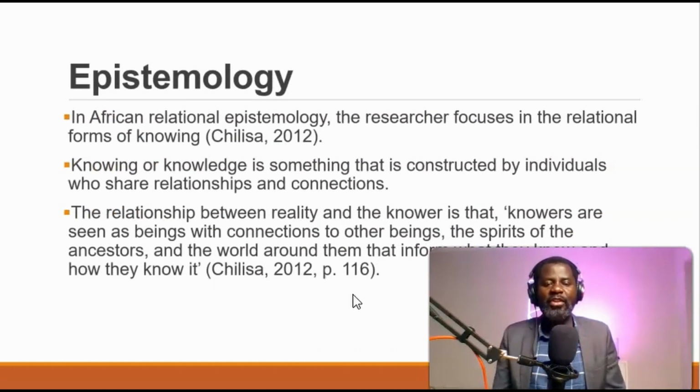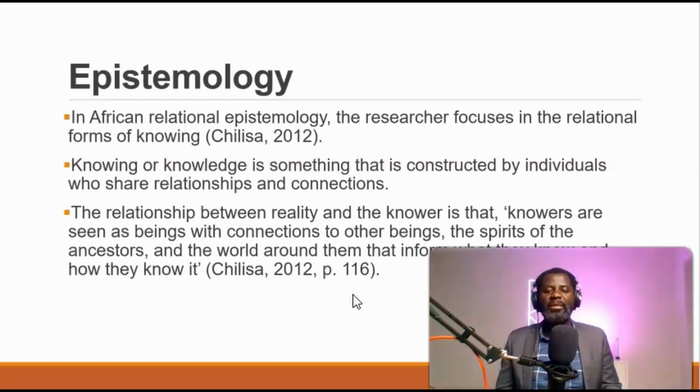In terms of epistemology, in African relational epistemology, the researcher focuses on the relational forms of knowing. So the relational forms of knowing guide what is to be known. Knowing or knowledge is something that is constructed by individuals that share connections. Knowers are seen as beings with connections, as we have said already.